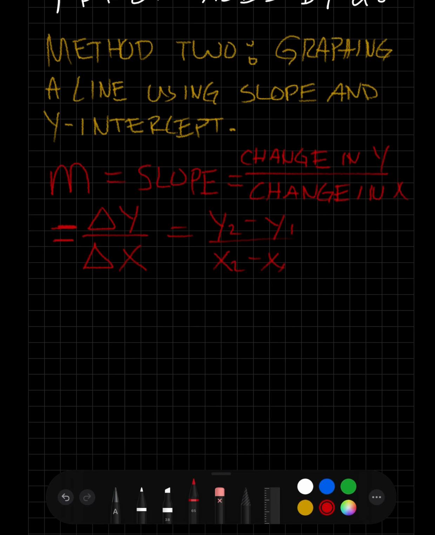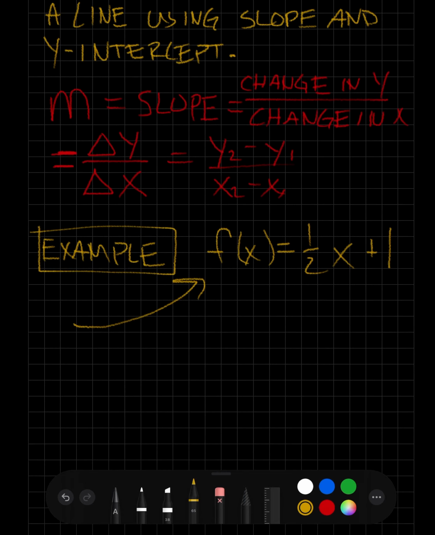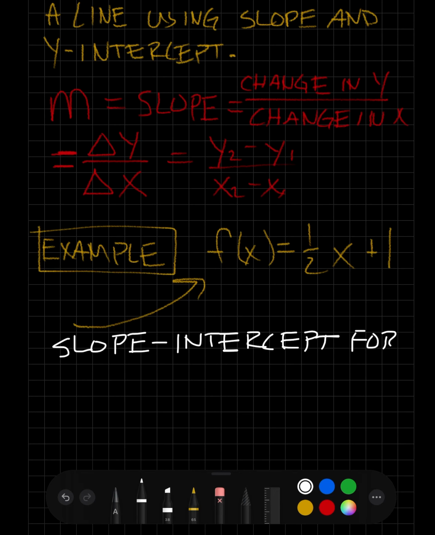But what about the y-intercept? I'm going to show you an example that'll help. So here's our example. f(x) is equal to 1/2 x plus 1. So this equation is in what we call the slope-intercept form, f(x) equals mx plus b.